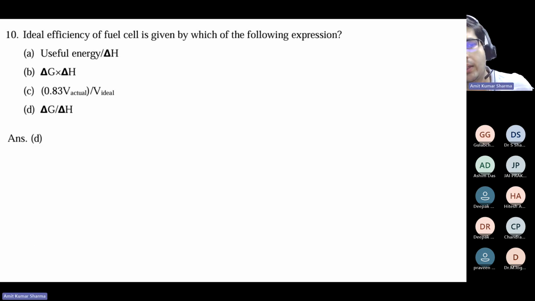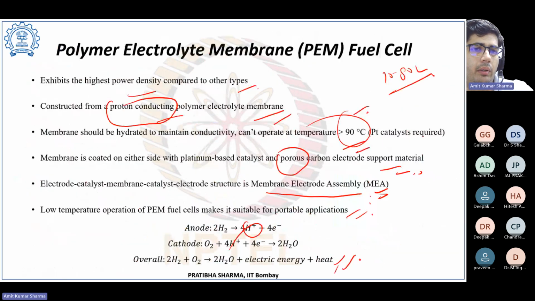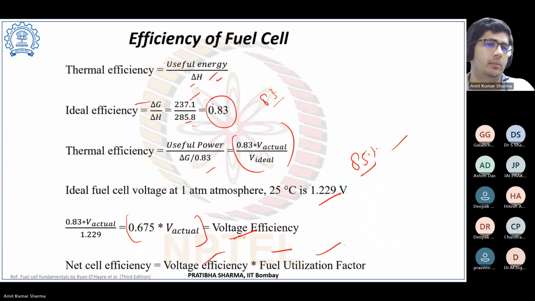The correct answer is delta G by delta H. It's the ideal efficiency. If you go through some previous slides, the ideal efficiency is delta G by delta H. This 0.83 V actual upon V ideal is the thermal efficiency.